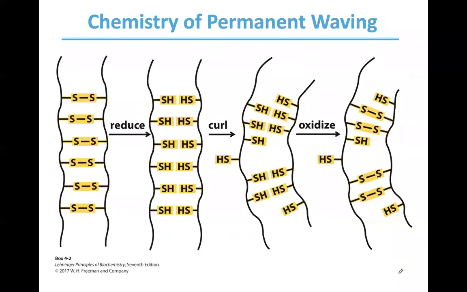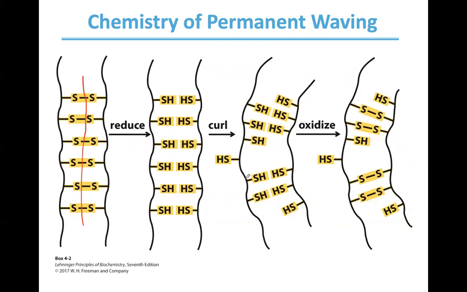And these disulfide linkages are also involved in, for example, the chemistry of permanent waving, right? So remember the way you do it. Now I don't do it very often. I don't know if I've ever done it, but people tell me first you apply a reducing solution, right? What does that do? It breaks the disulfide linkages. You've broken the disulfide linkages, apply heat.